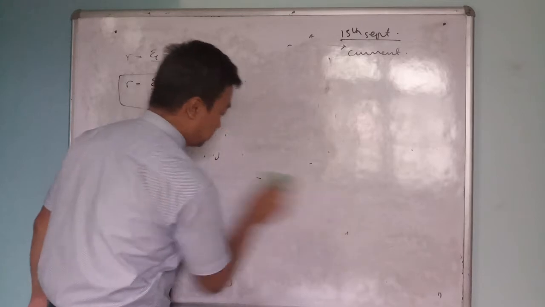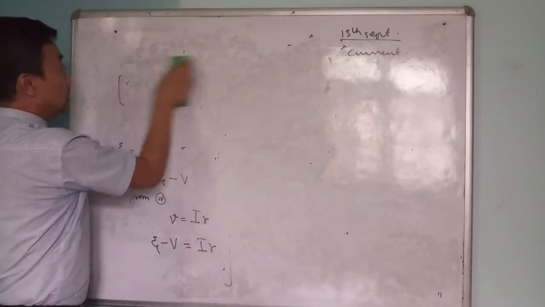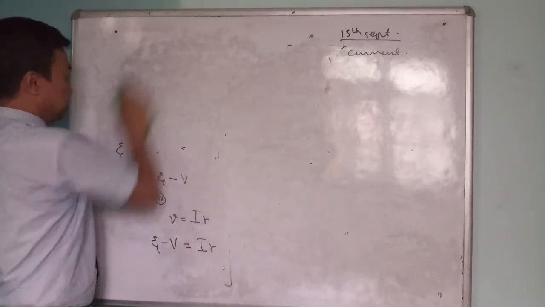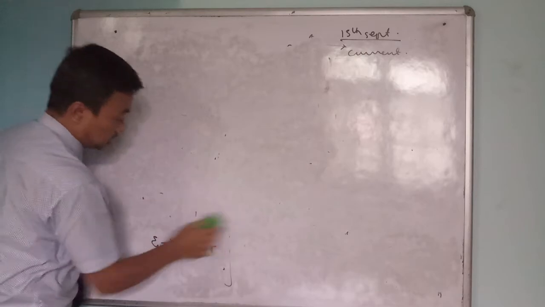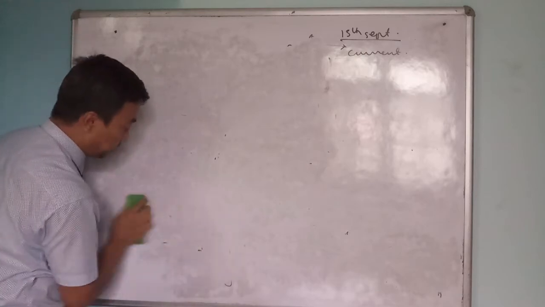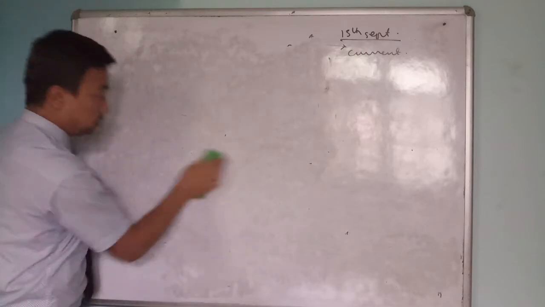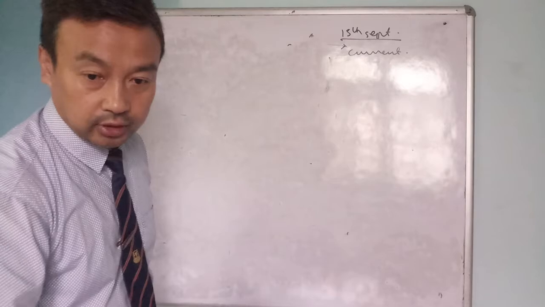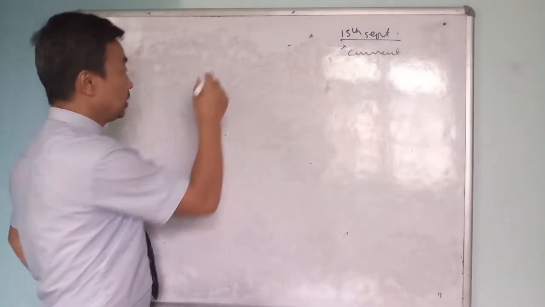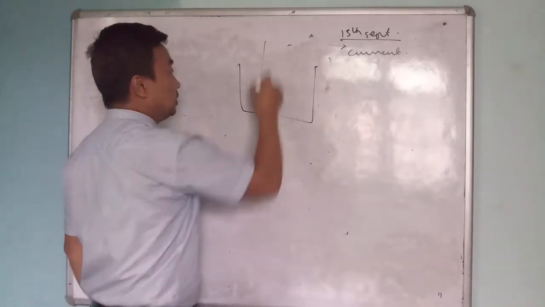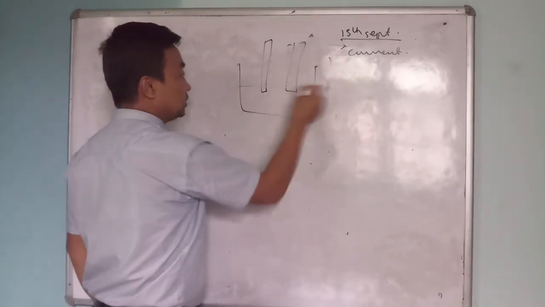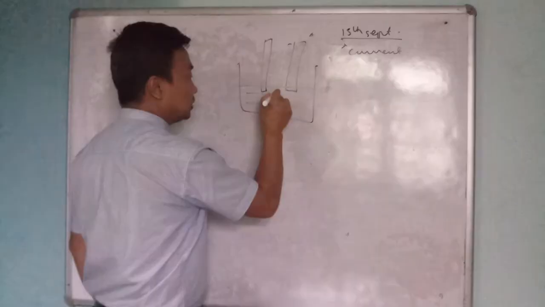That is small r. Basically there are four factors, but in the question it was asked that you have to write only two factors on which the internal resistance of a cell depends. So let me draw this quickly. This is electrodes and this is electrolyte. Internal resistance is here.